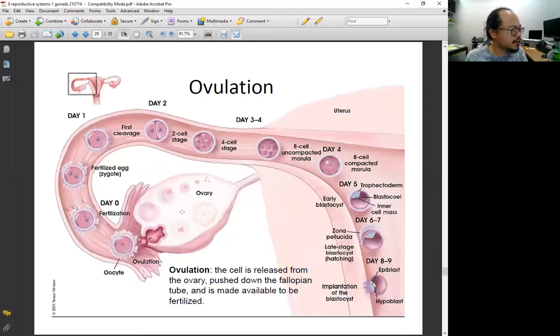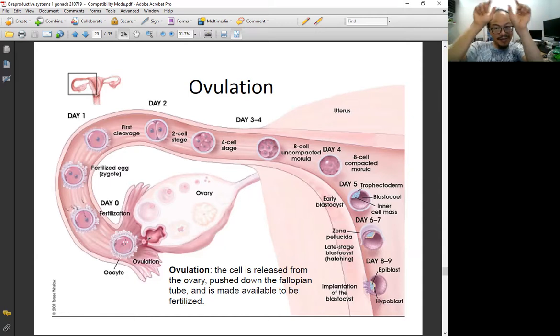So that's the picture here. This is the oocyte thrown into the fallopian tube. Right before that, the primary oocyte divides to form the secondary oocyte and the polar body. Altogether, this is all surrounded by the follicle cells, so they are not going to go away.